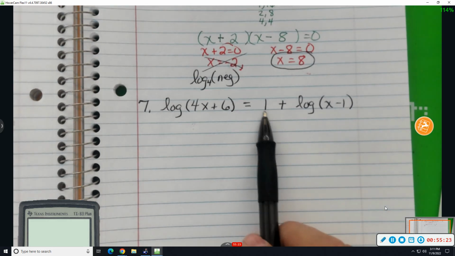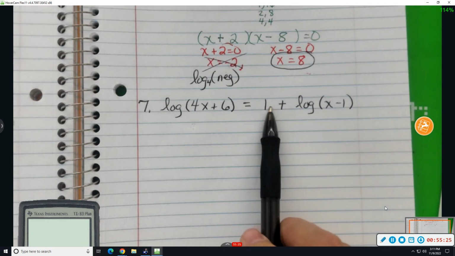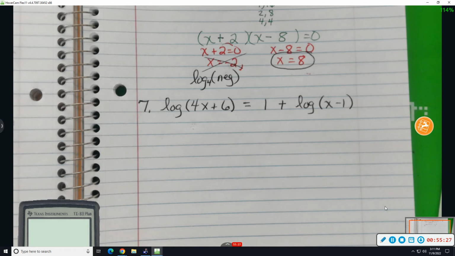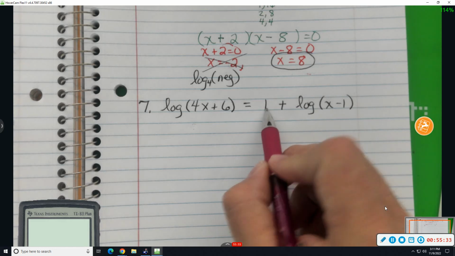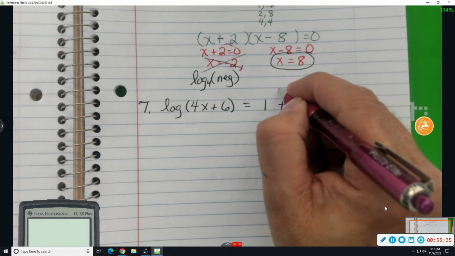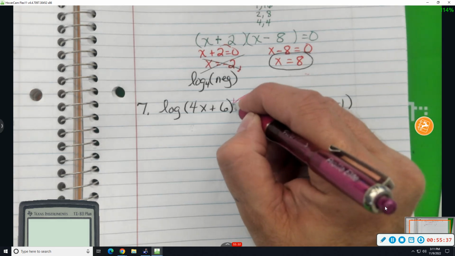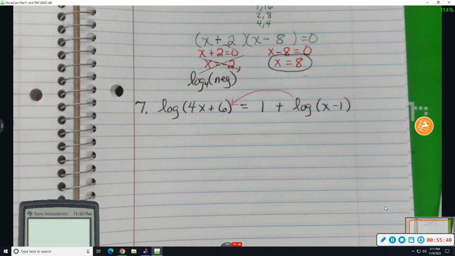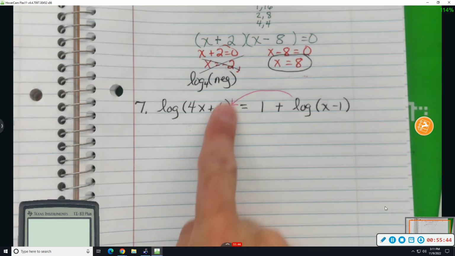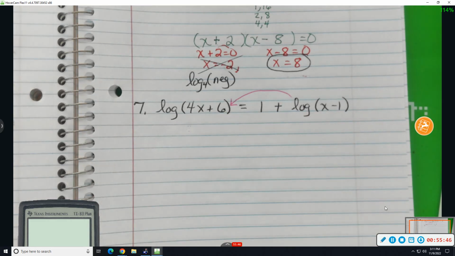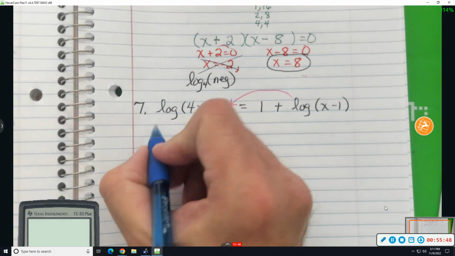We don't just have the number by itself on the right. What am I trying to say we're going to need to do to this to get that number by itself? Well, we need to move that over. So that's going to be, instead of a plus log, a minus log once we move it to the left.